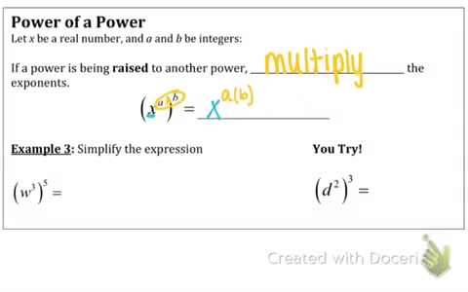So in example 3, we have w cubed on the inside. So since we have a power on the inside being raised to a power on the outside, we're going to multiply that 3 times 5. So our base, our w, carries over, raised to the 3 times 5, which will become w to the 15th power.